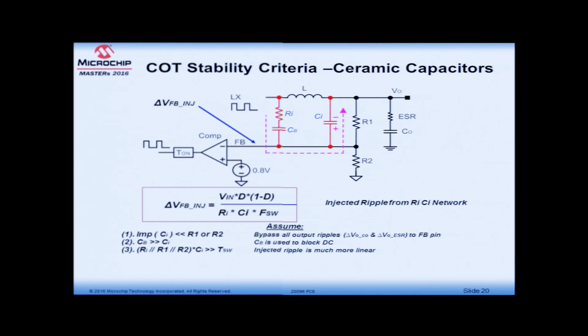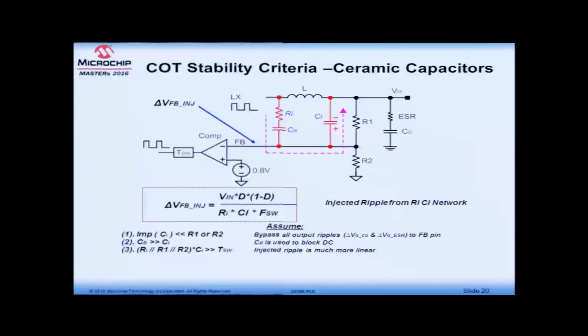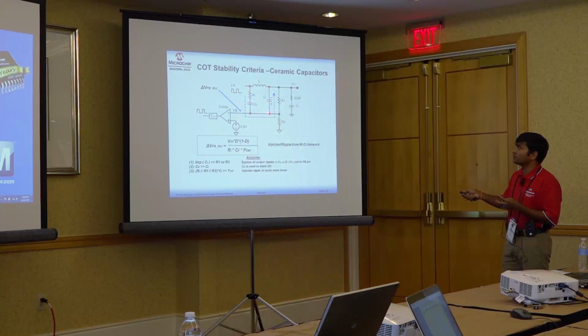So, we need to connect a ripple injection network from the switch node to the feedback node. The RI and CI injection network integrates the rectangular voltage from the switch node and provides a triangular waveform at the feedback node.